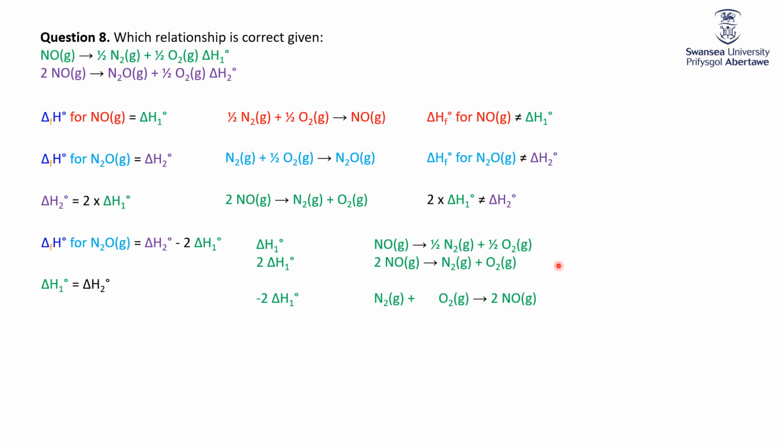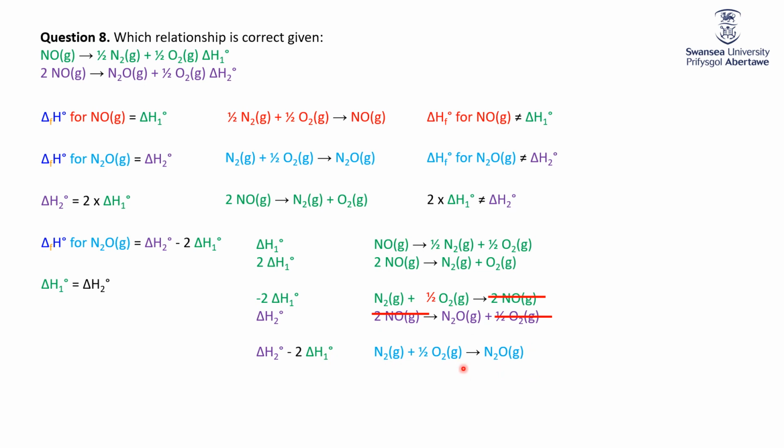Hope you're paying attention to all those 2's and N's and O's. And then we've got delta H2, whose equation is 2NO goes to N2O plus a half O2. Now let's add those together to get delta H2 minus 2 delta H1. As we add them together, the 2NOs cancel out. The half O2 on the right cancels with a half O2 on the left, leaving a half O2 on the left behind. And we get this nice little equation here.